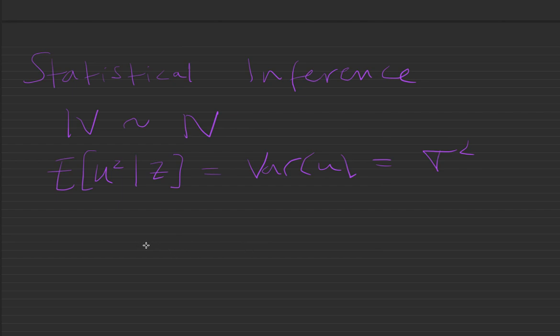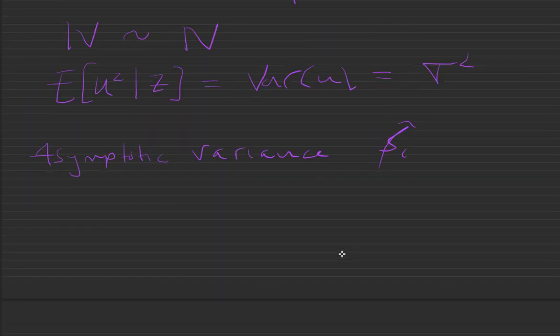Now the asymptotic variance of beta 1 hat is given by the following. Our asymptotic variance of beta 1 hat is sigma squared all over n times sigma squared x times rho xz squared, where rho xz is the correlation coefficient between x and the instrument z.